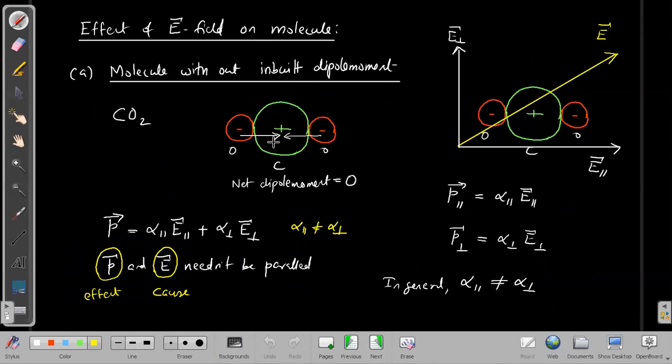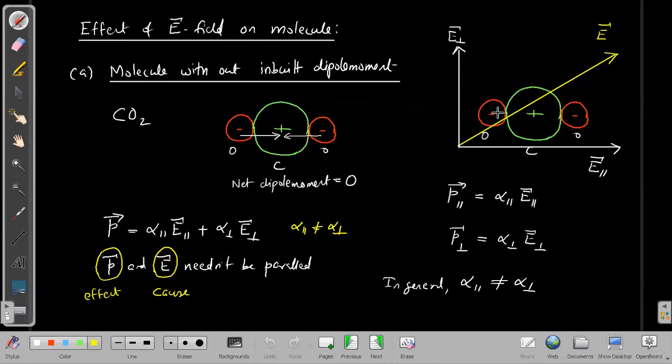If you take any molecule without any dipole moment, the direction of the induced dipole moment may not be along the same direction as the applied electric field, because the polarizability alpha may change with the direction. So the effect of the electric field parallel to the direction of the bond may not be the same as the effect of the electric field perpendicular to the bond.